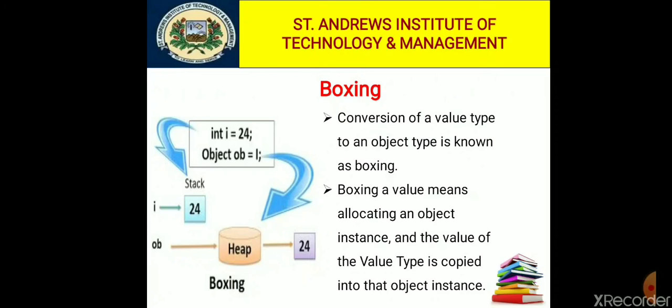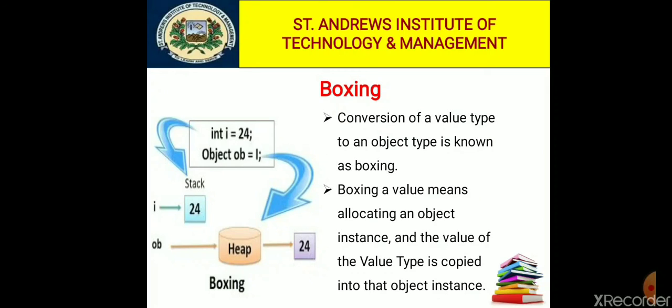Boxing is useful in situations when a value type is converted into a base object type or to an interface. The CLR, common language runtime, then converts the value type to reference type, allocates memory on the heap, and then copies the value type instance to it.